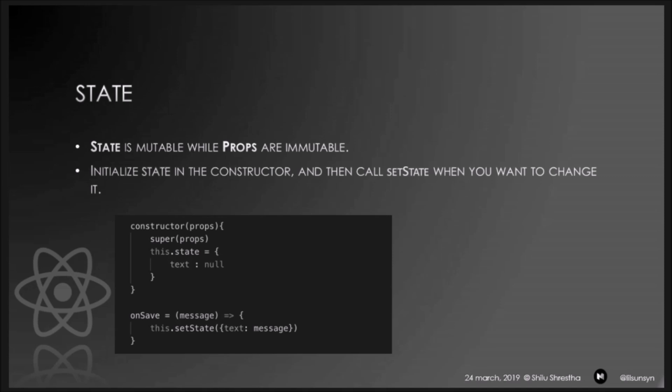States are mutable, and we can initialize state in the constructor like in the example, and then we change it using setState. So states can be updated in future while props cannot be updated. Whenever we have a component that needs to react to changes, we use states, which will automatically update itself.